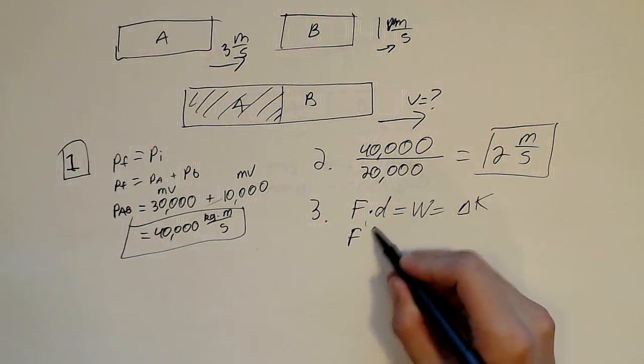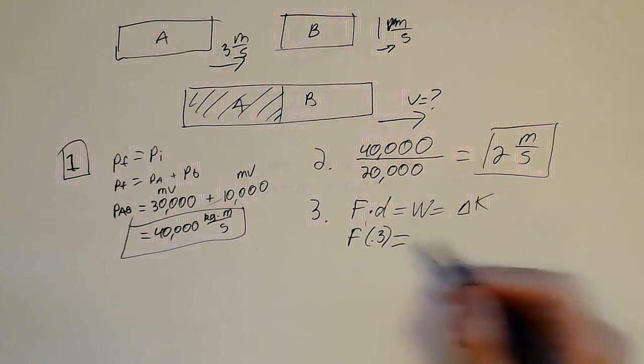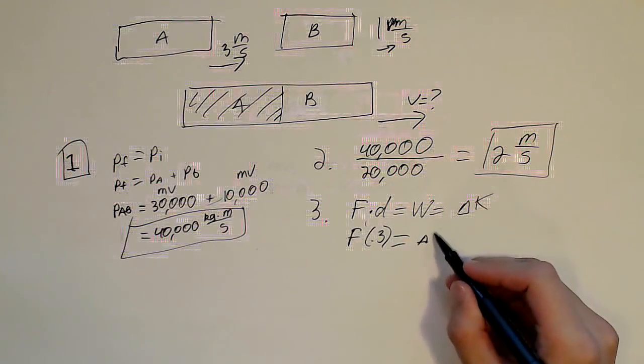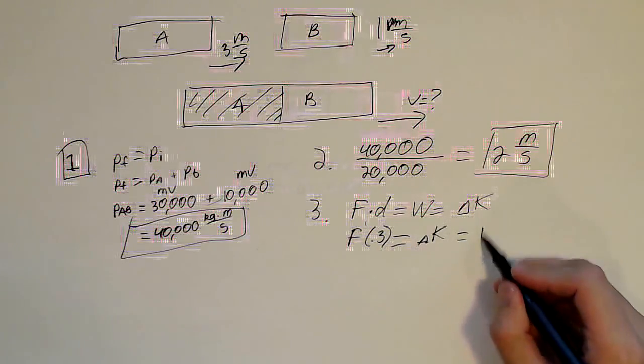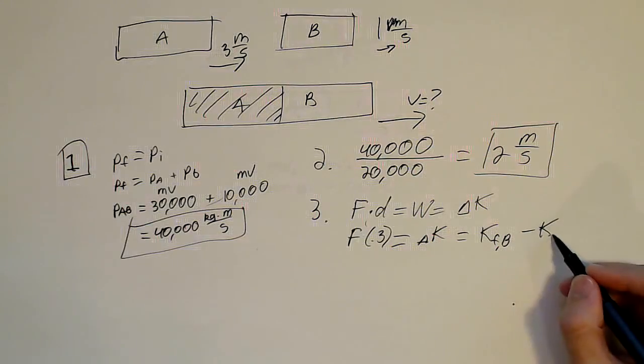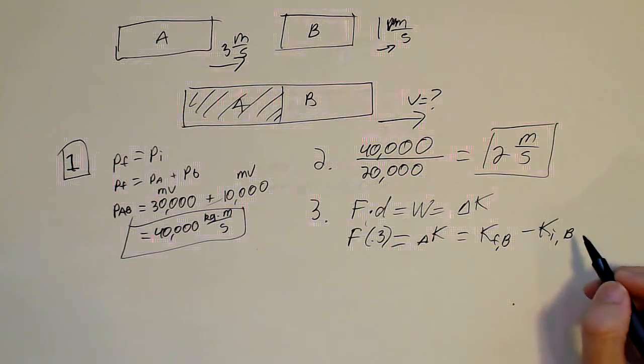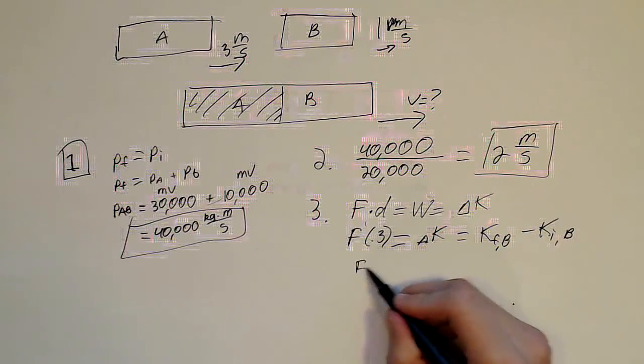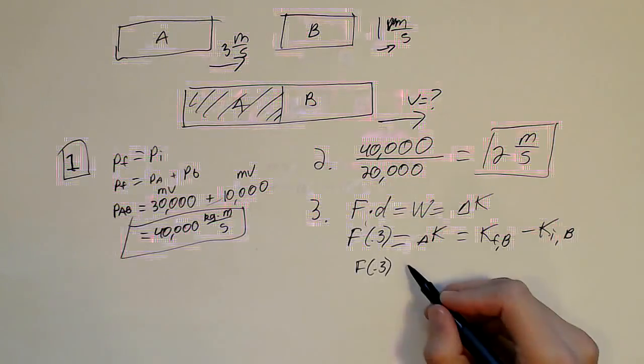So force times 0.3 meters equals change in kinetic energy, and this is for car B, which is equal to K final of car B minus K initial of car B. So let's start with final first.